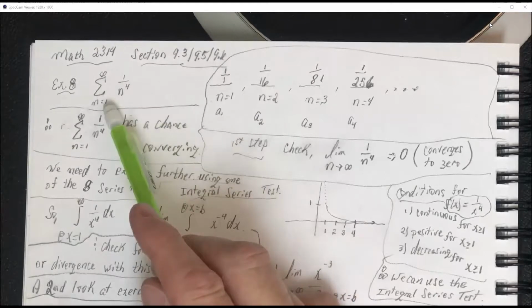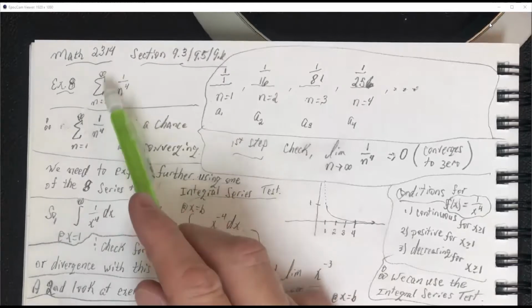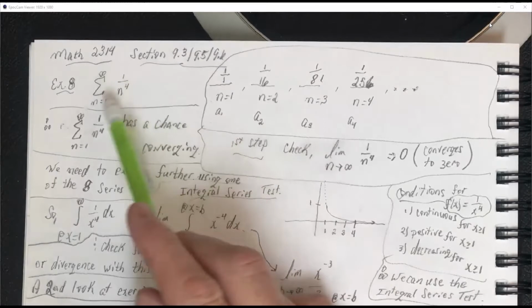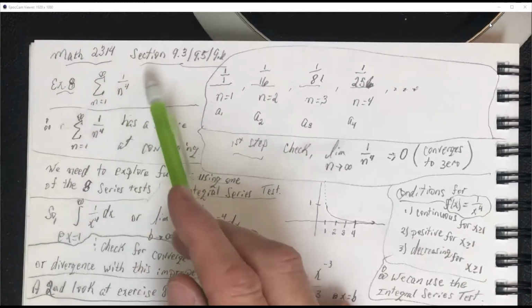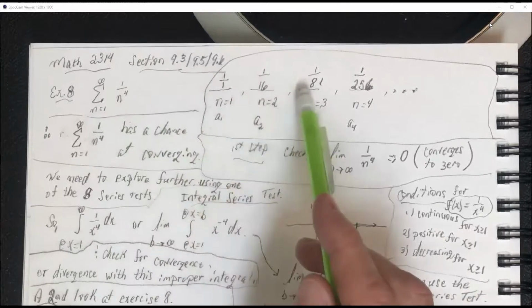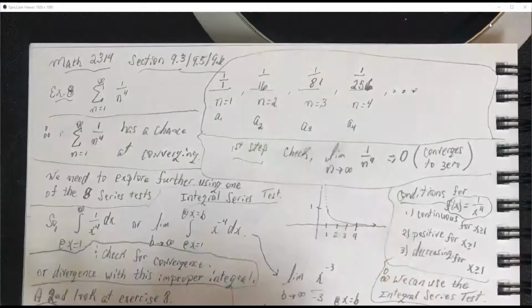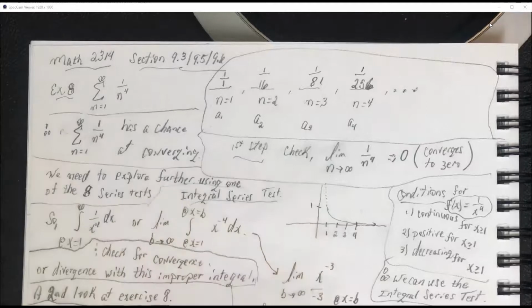And of course, this means to add them up from n equals 1 forever, which means this is a series, or we can say infinite series, and we want to know if we start to add up these terms forever, do they converge to a single finite number or not? Yeah? Diverge. So let's proceed. And of course, if you have any questions, let me know.